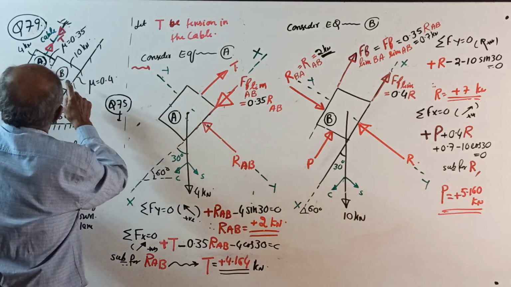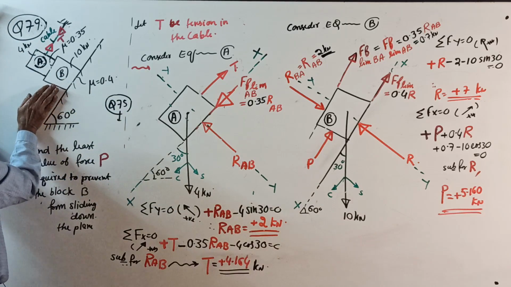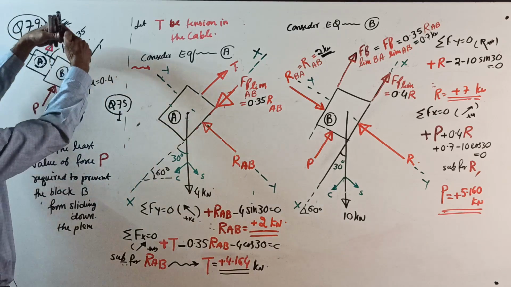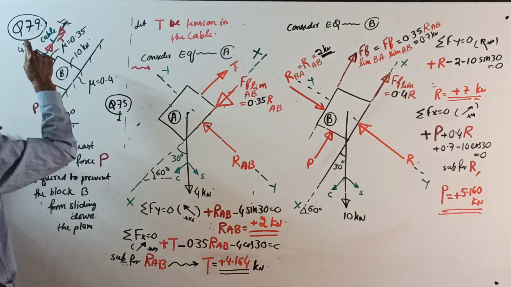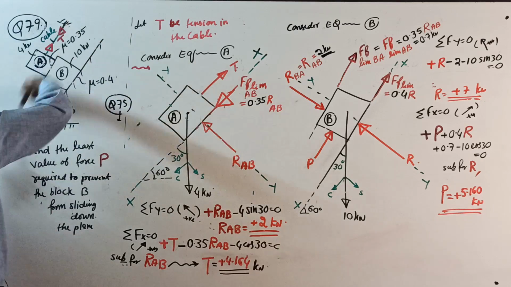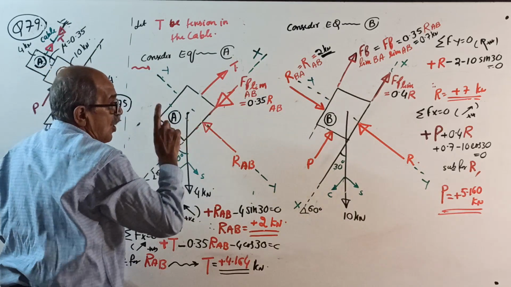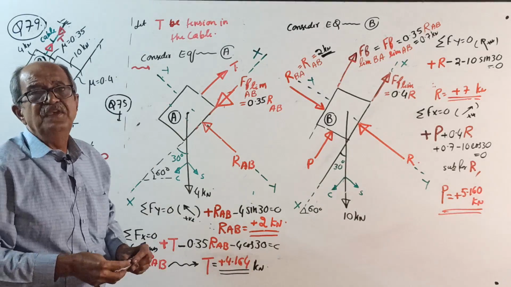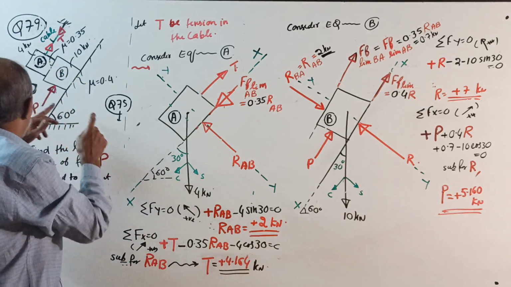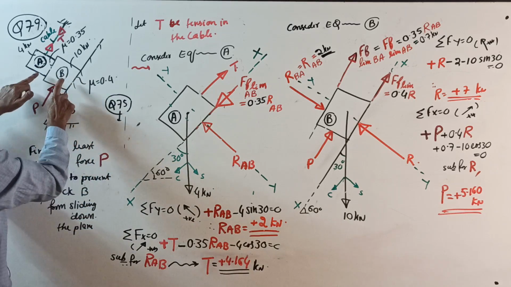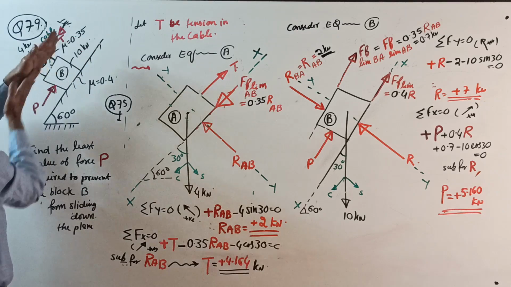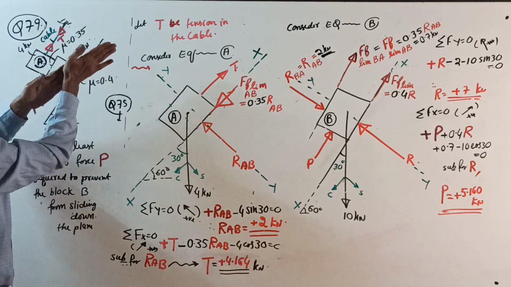Then, if P is not there, block B will slide down. When block B slides down, it will rub block A like this, so friction is like this. Or I told an easy method for you: when block B is sliding down this way, it will rub this one like this.